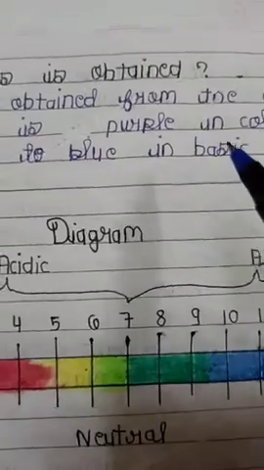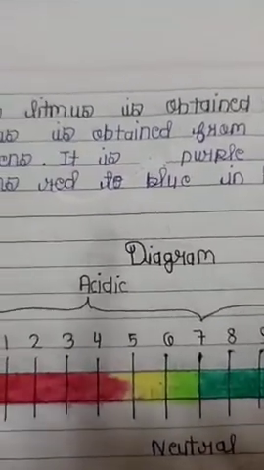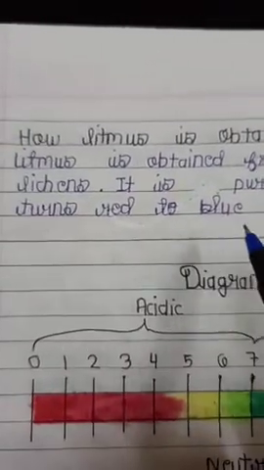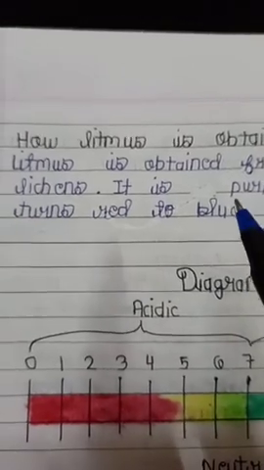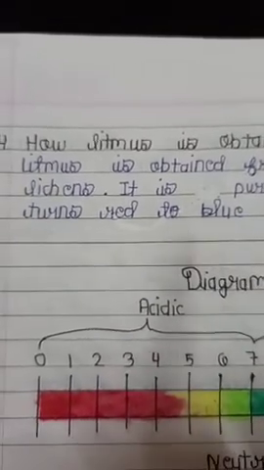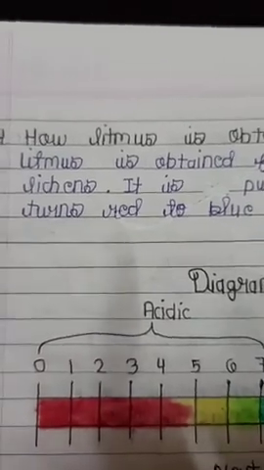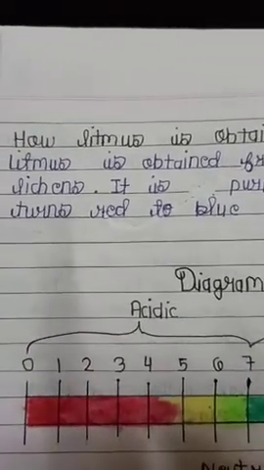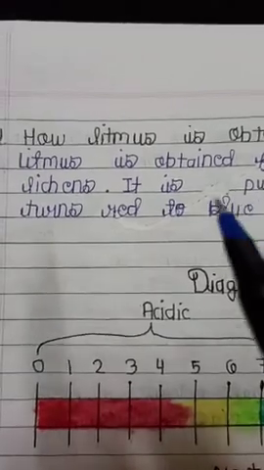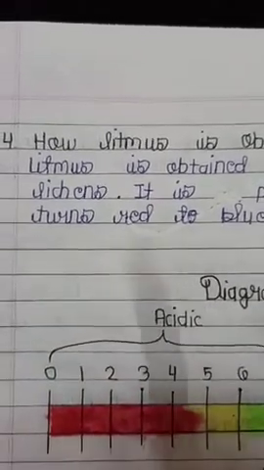So children, here they have given the reaction which we already studied, that two kinds of red and blue litmus papers are there, and they are used to test whether substances are acids or bases.